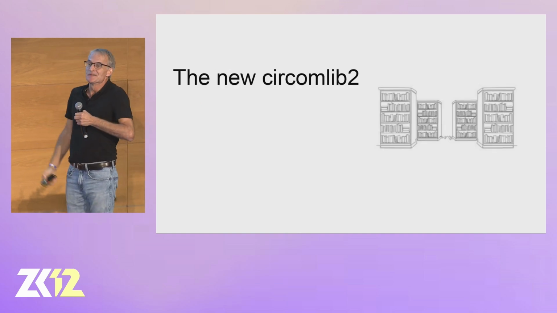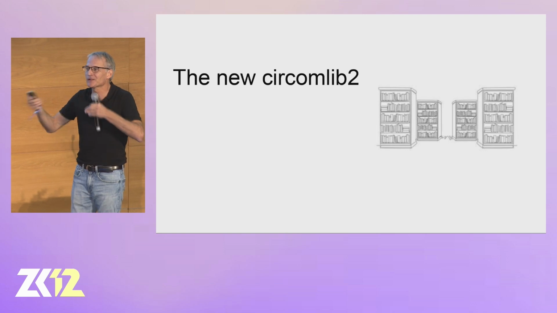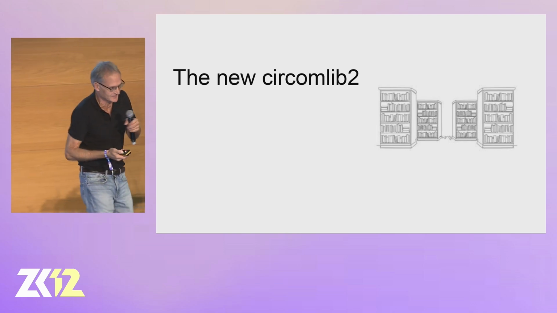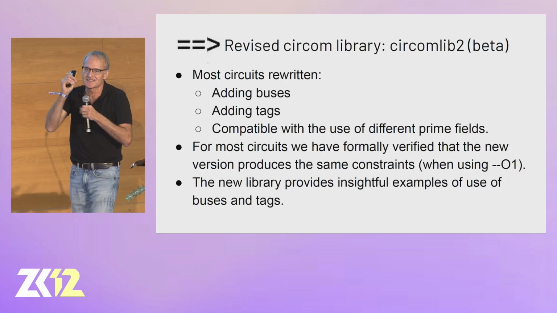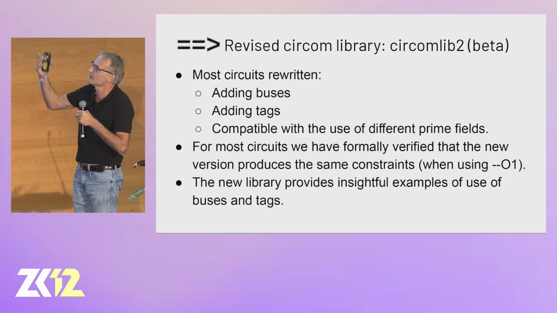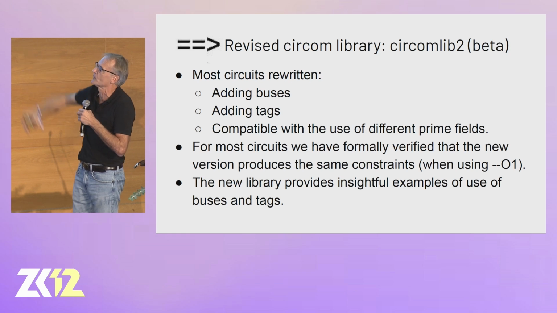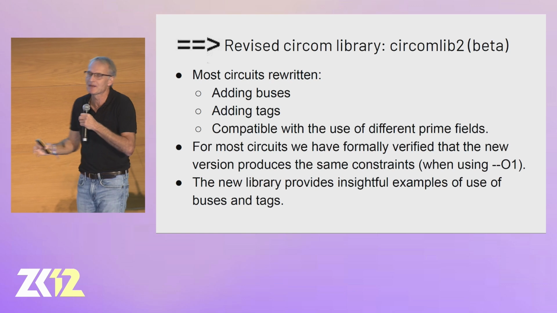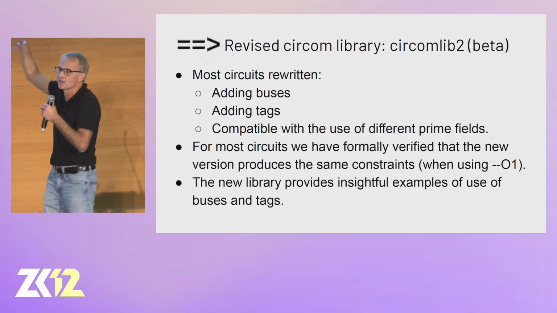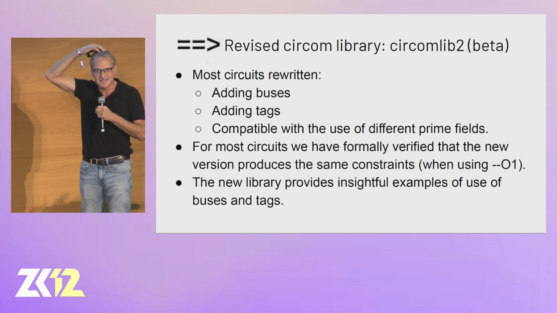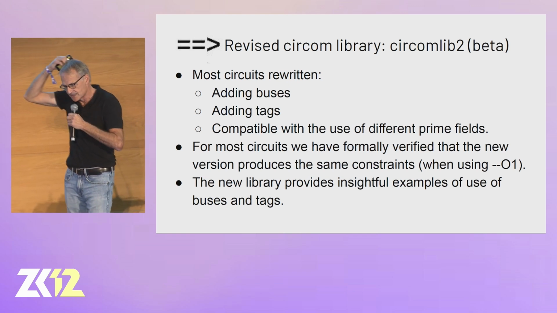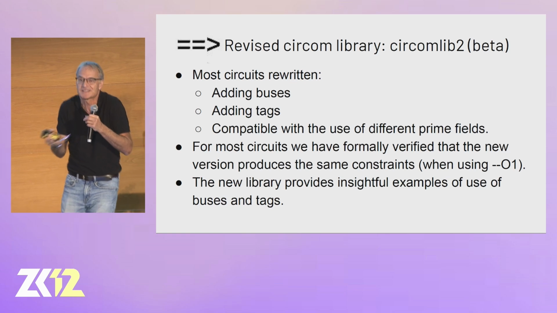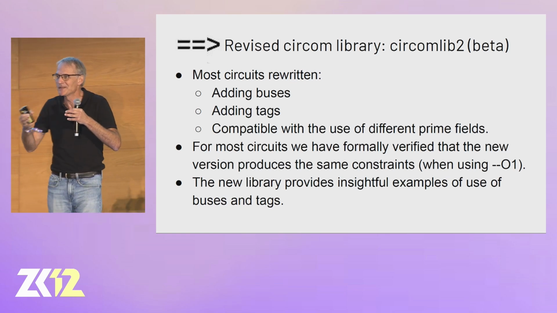Okay, so now, what's the impact of all that in the circomlib? Well, huge. Okay? But I will just show a little bit. So what we are doing in this work is adding buses and tags everywhere, or in many places, and also making it compatible with different primes. Remember that initially we only had this BN prime, and circomlib was intended to be used with this prime.